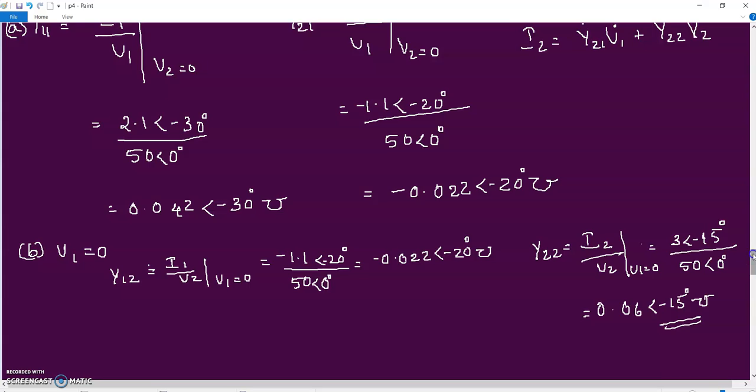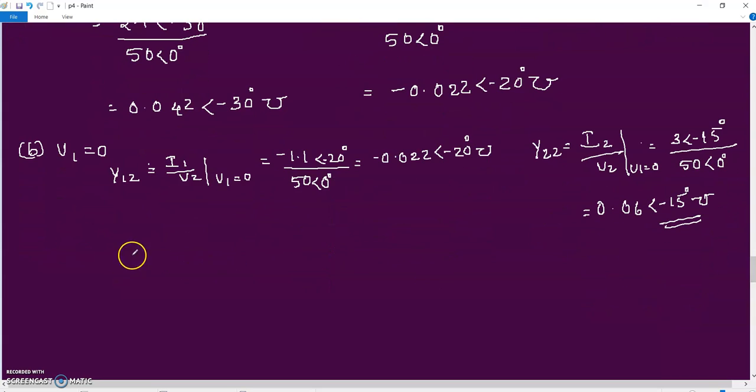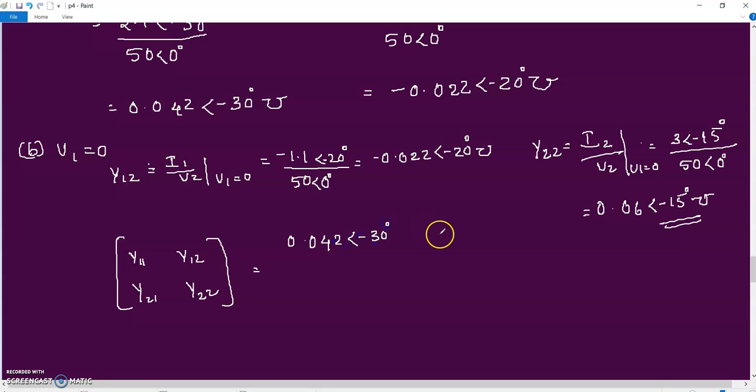So, finally, we can write the Y-parameters. Y11 is 0.042 angle minus 30 degree.